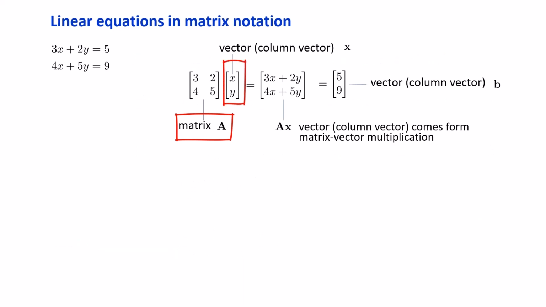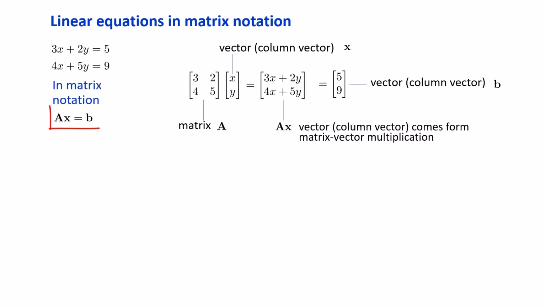The product of A and x is of course Ax, that is a vector 3x plus 2y, 4x plus 5y, and the vector 5, 9 is denoted by b. The overall system can therefore be written in matrix form as Ax equals b. We'll move ahead with this notation for the rest of the course.